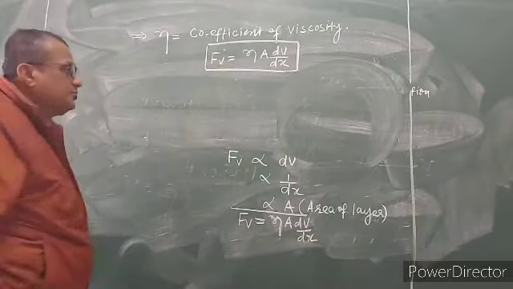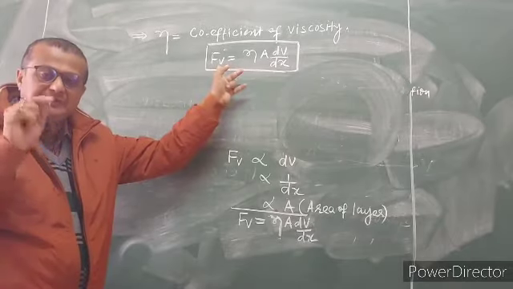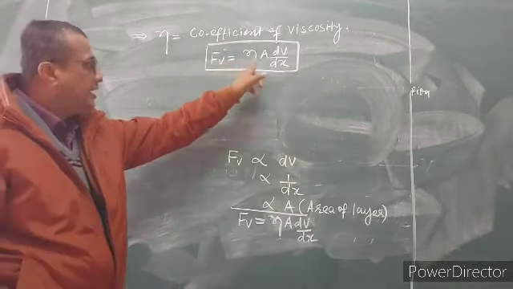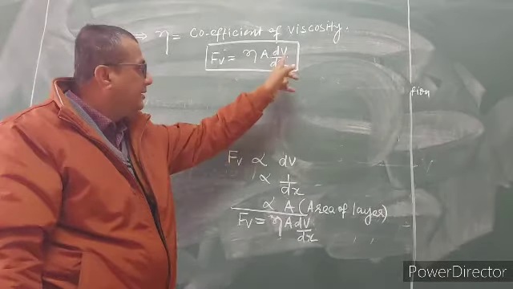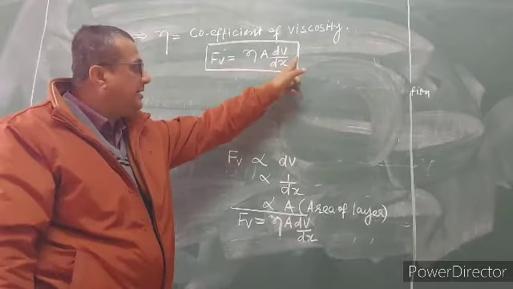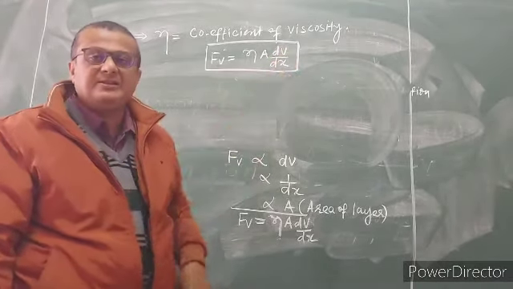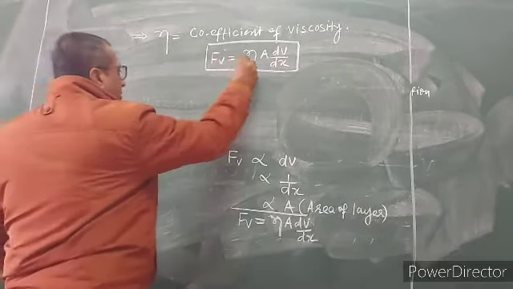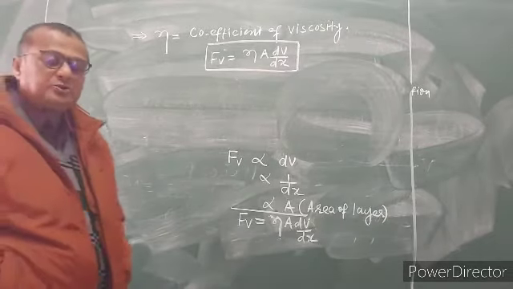This viscous force always acts between the layers, opposite to the motion of liquid. A is the area of cross section of the layer. dv by dx is also called the velocity gradient, velocity by length. And this eta, you know, is the coefficient of viscosity. This is a constant. It depends on the nature of the liquid.